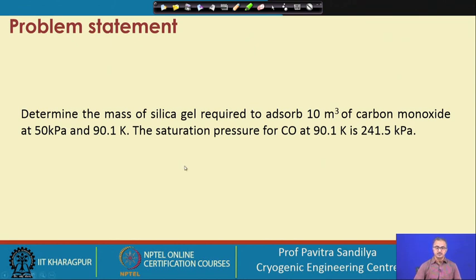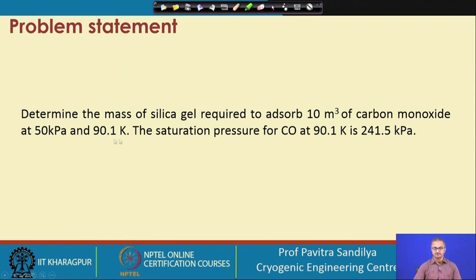Now, in this particular problem we have silica gel as the adsorbent, and we have carbon monoxide, and we have been given that we have to adsorb about 10 cubic meter of the carbon monoxide at a particular pressure of 50 kilopascal and a temperature of 90.1 Kelvin. You can see it is a cryogenic temperature, very much lower than 0 degree centigrade.